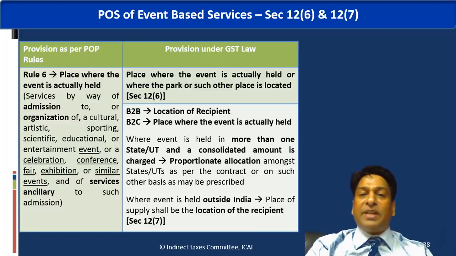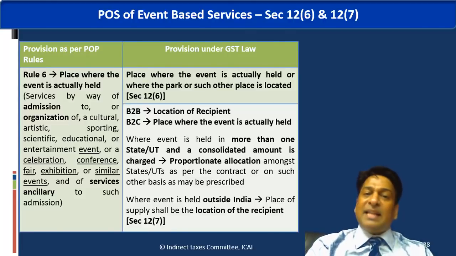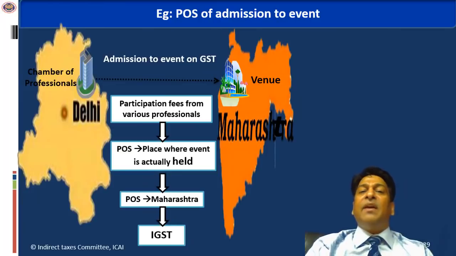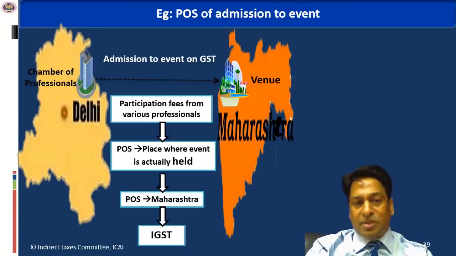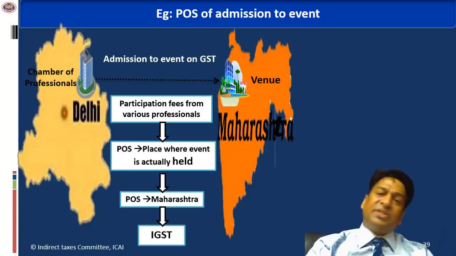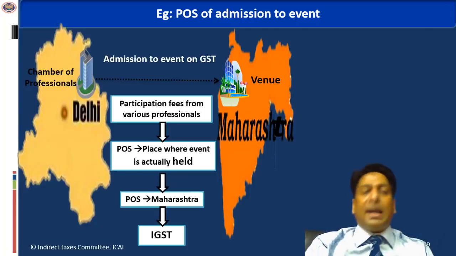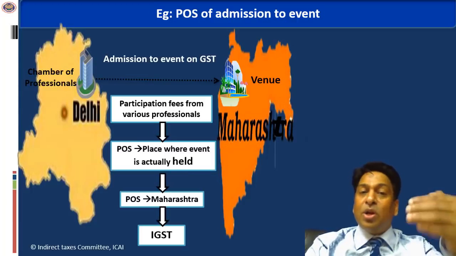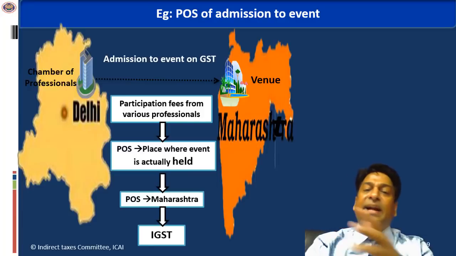Having understood both the provisions as given under section 12 subsection 6 and subsection 7, let's determine the place of supply for admission to the event. Let's say a particular chamber of professionals, let's assume PHD Chamber of Commerce, located and registered in Delhi, is organizing one GST event in Mumbai. For organizing this event, they would be inviting admission to the event also, and you would be getting different professionals across India.